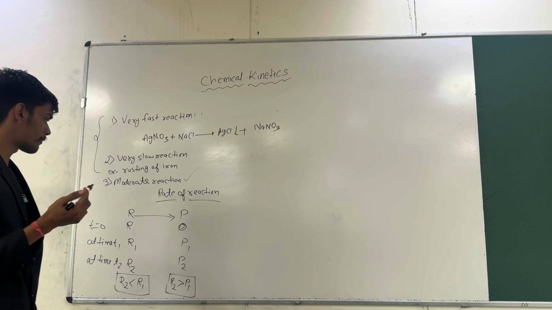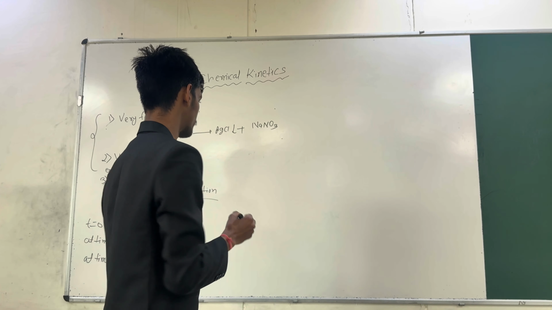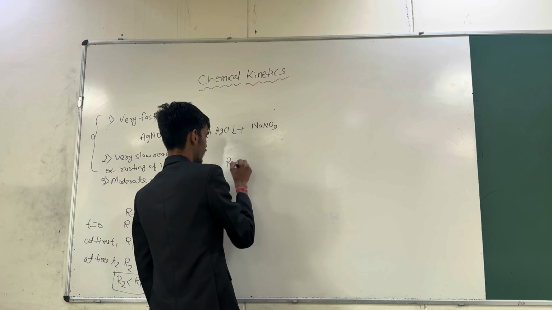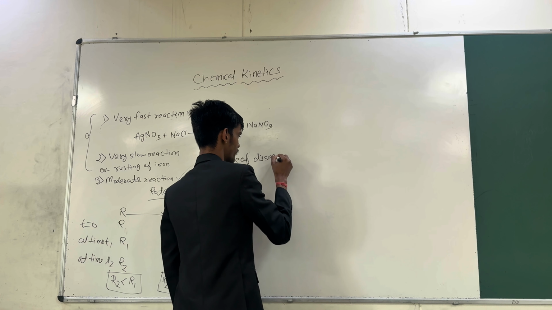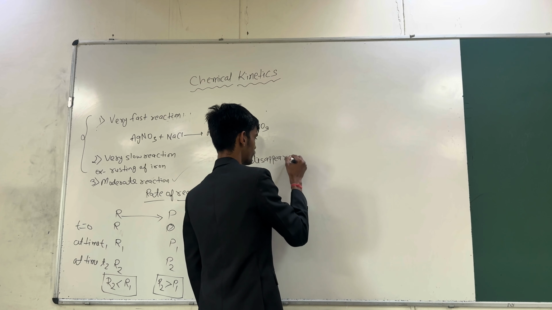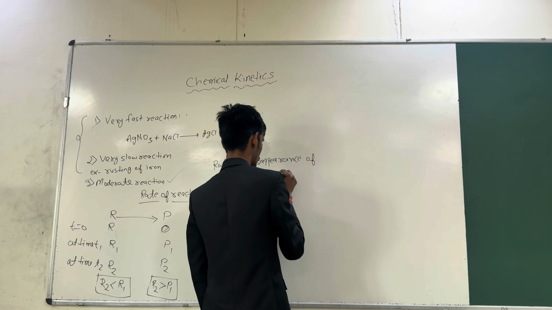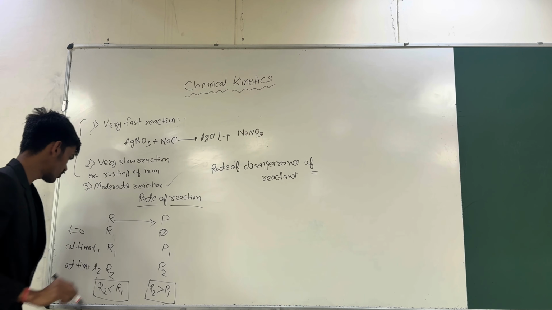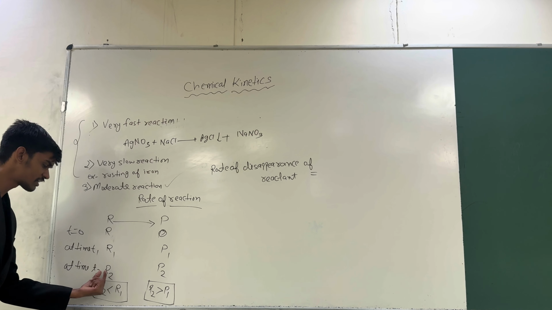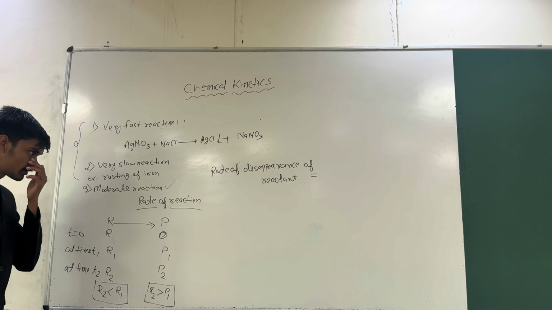Now, what is the rate of disappearance of reactant? The initial concentration of reactant is R1 at time t1, and the final concentration is R2 at time t2.